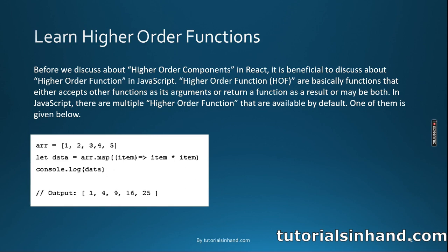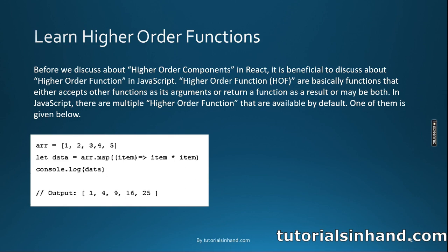In JavaScript, there are multiple higher order functions available by default. Here on the screen, you can see just one of them. As per the example, there is an array arr which takes in a number of values from 1 to 5. Thereafter, we map over the array, take each individual item and return the product of that item with itself.